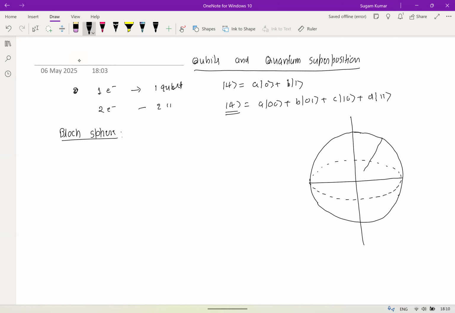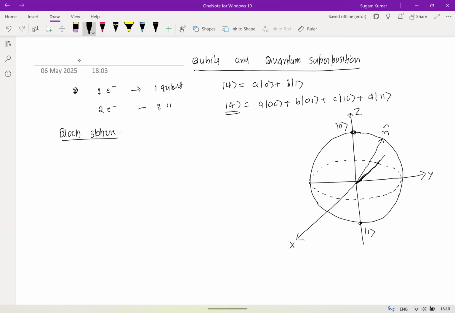If this is the spin state in n direction, then this will rotate, and these are some directions I mentioned, like 1, 0. Let us say this is the x-axis, y-axis, and z-axis.